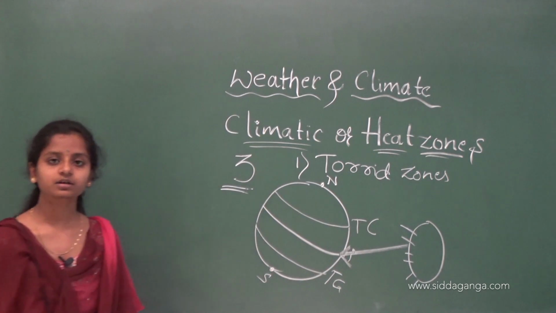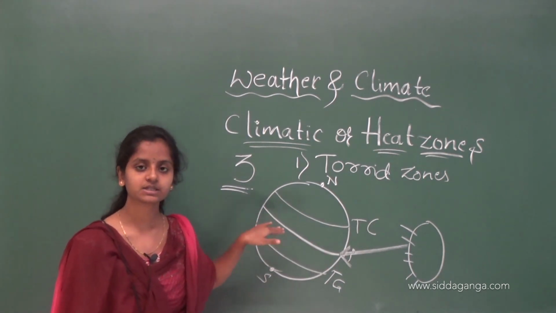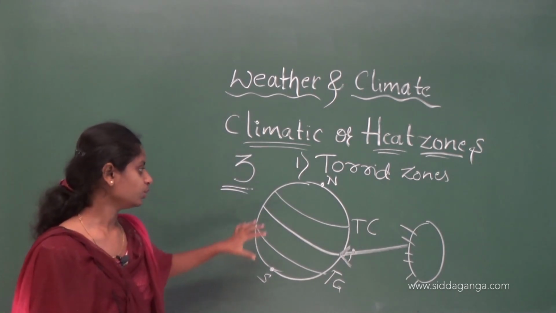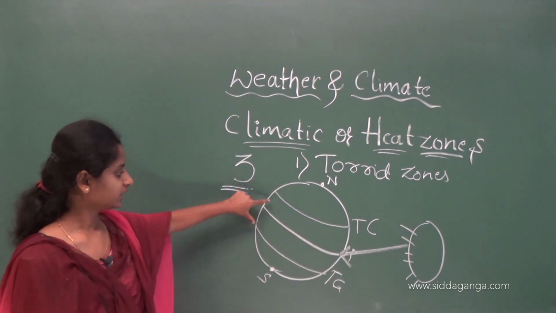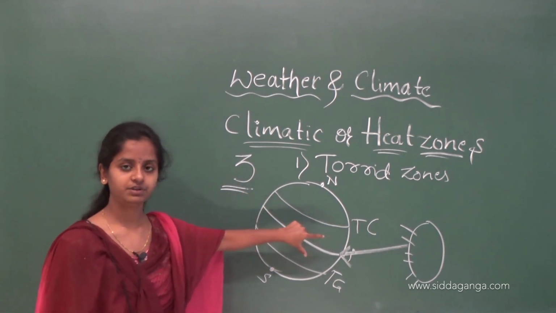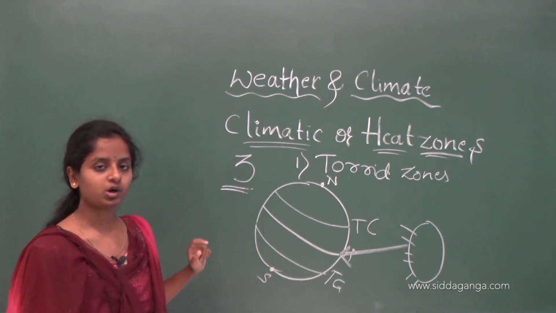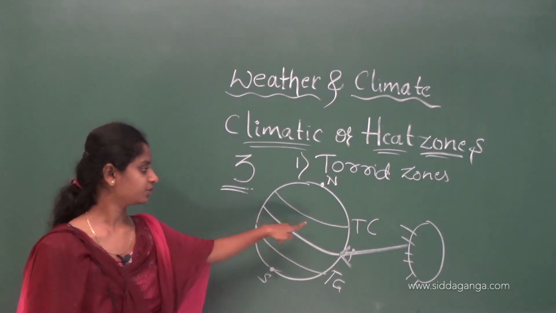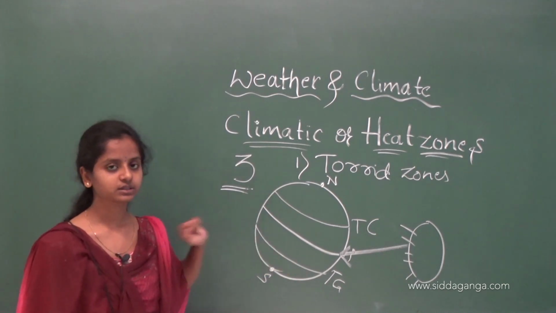So, at the equator, it will be very hot and humid throughout the year. In this torrid region, we experience very hot as well as humid conditions throughout the year. The torrid region is between the Tropic of Cancer in the north and the Tropic of Capricorn in the south.